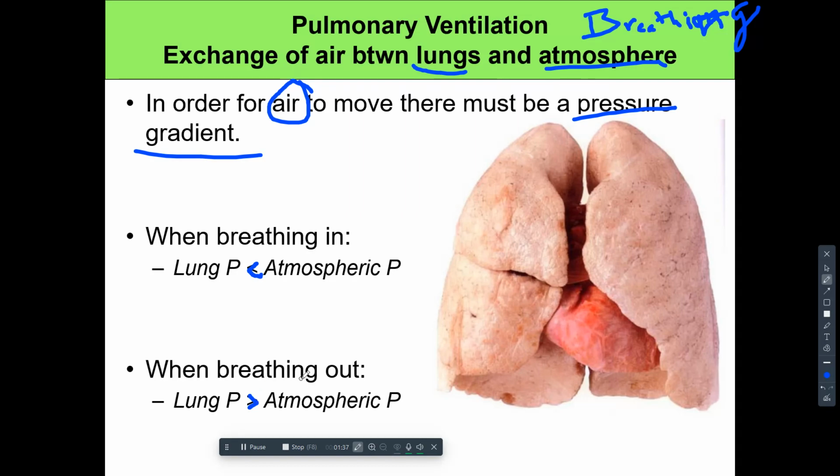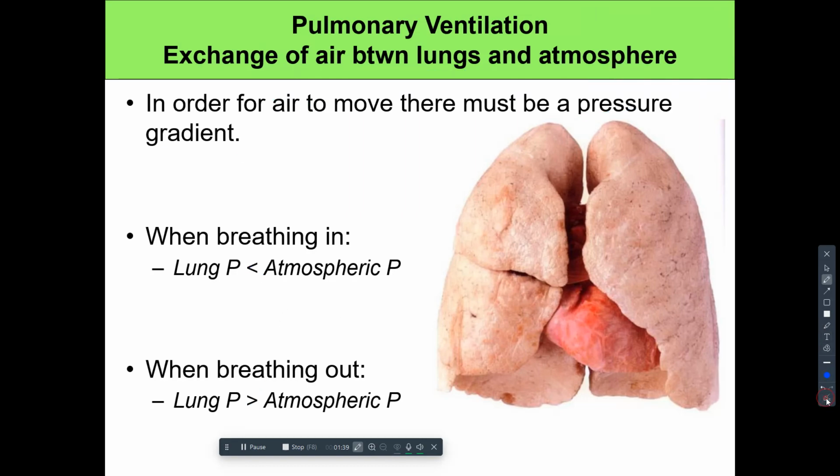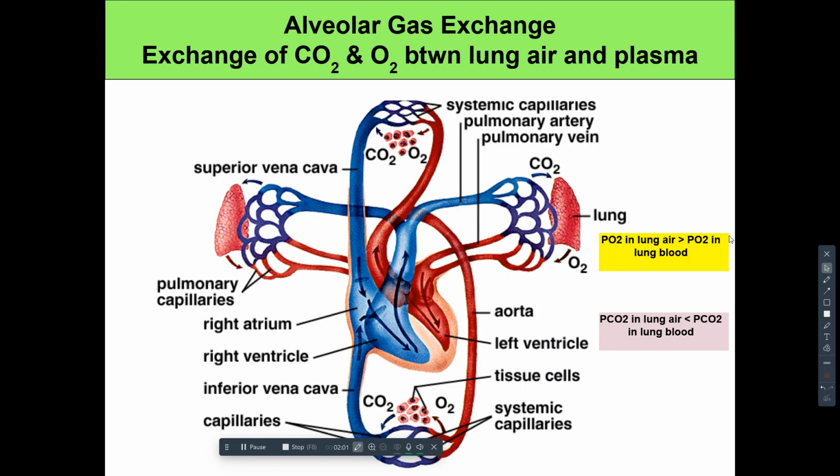Obviously, the thing we're going to change when breathing in and out is lung pressure. So when we breathe in, we need lung pressure to decrease, become lower than atmospheric. When we breathe out, we need lung pressure to increase, become greater than atmospheric. So that is pulmonary ventilation. We'll come back to all these events that we're introducing later on.